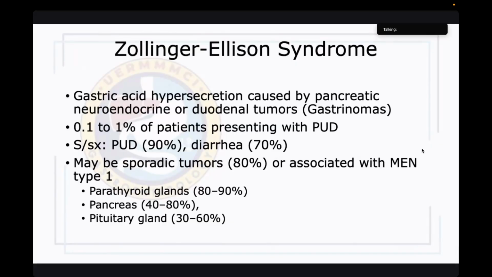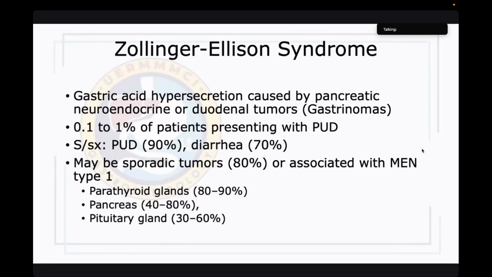This is a rare disorder occurring in only 0.1 to 1% of patients presenting with peptic ulcer disease. Peptic ulcer is the most common clinical manifestation, occurring in more than 90% of gastrinoma patients.